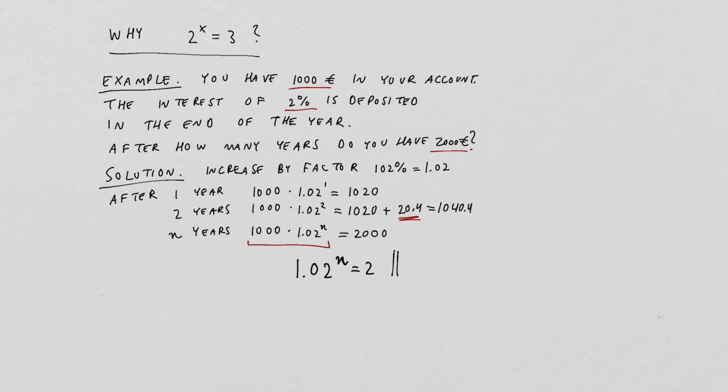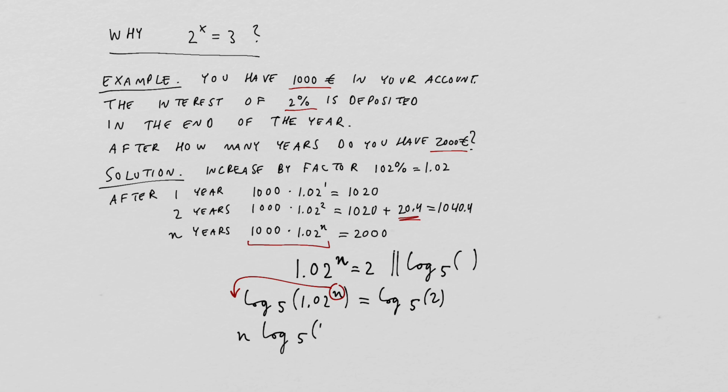We can take a logarithm on both sides. Let's take a logarithm of base 5. We can shift the power out from the logarithm. And we obtain n like this.